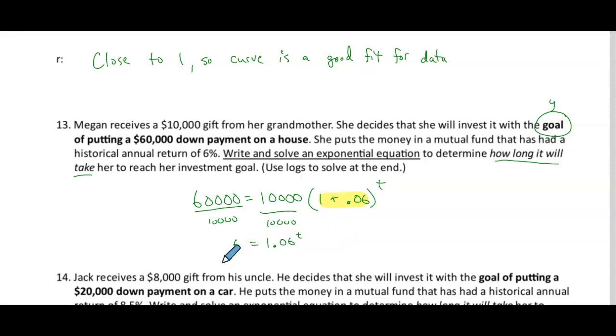So if I log both sides then, the t will come down in front, and I'm going to write it up here. So it'll be log 6 equals t log 1.06. So divide by the log that's next to the variable.